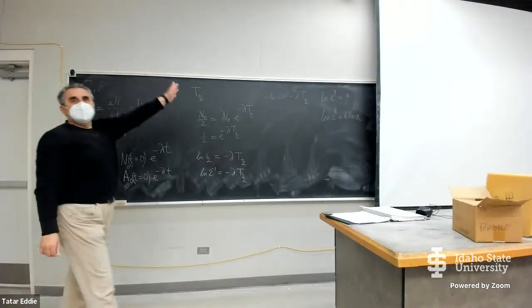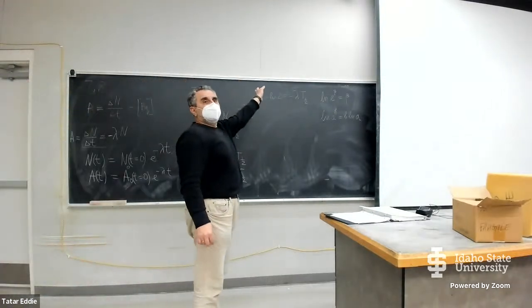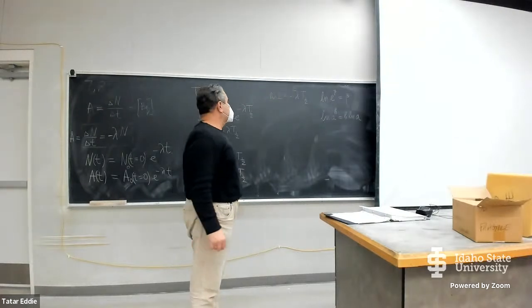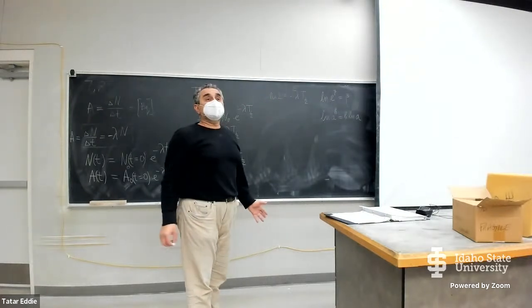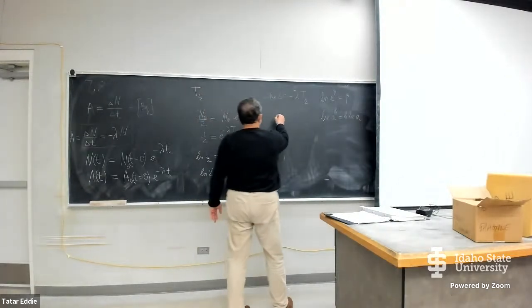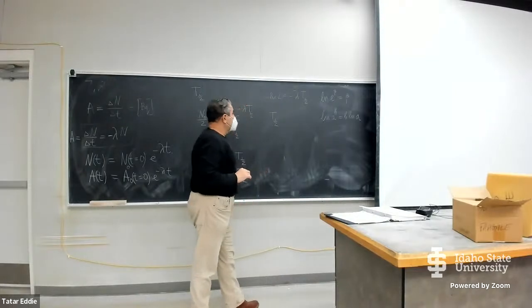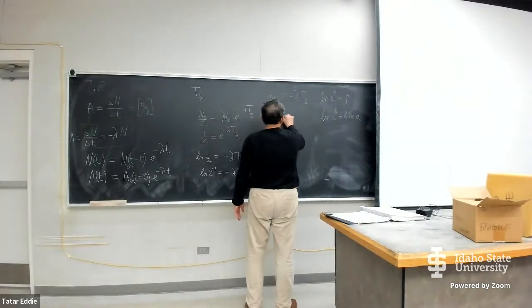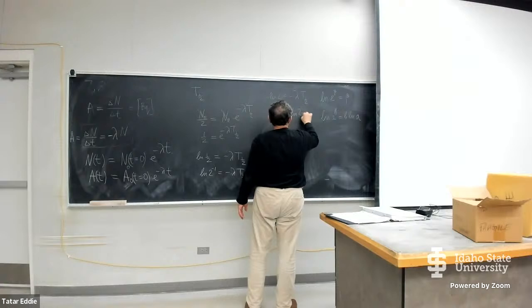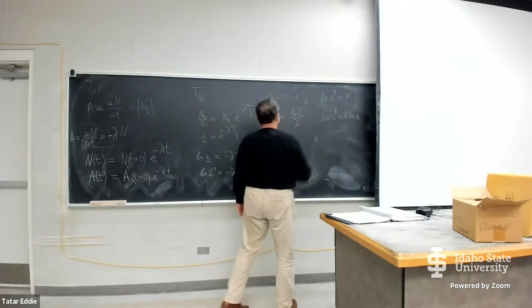And you can cancel the negative sign from both sides of this equation, and you get the result that we wanted. You get that half-life time is equal to logarithm of 2 divided by the value of the decay constant.